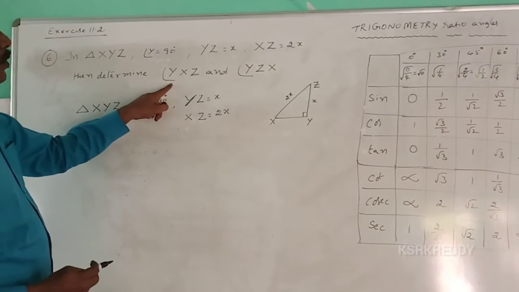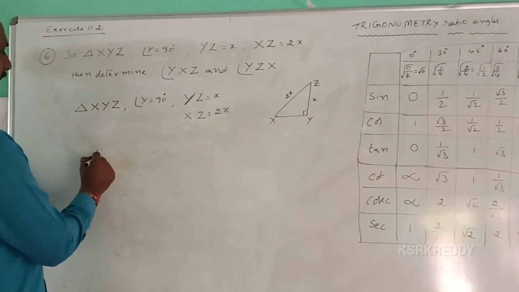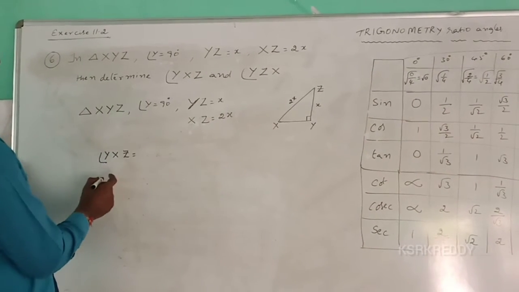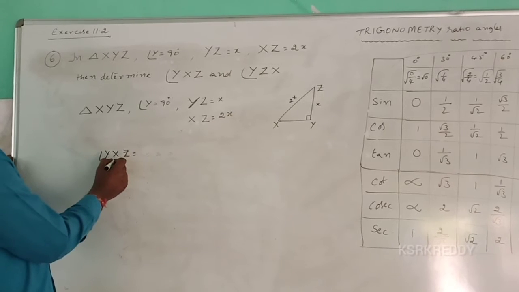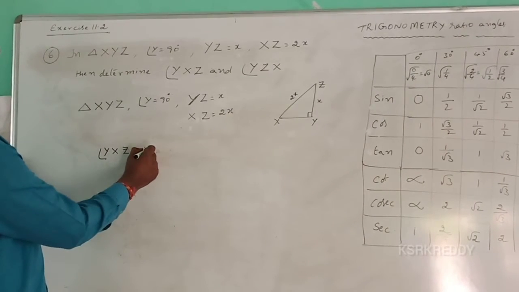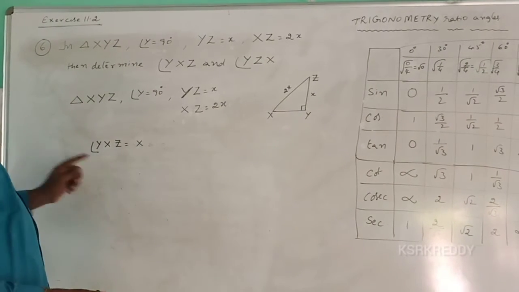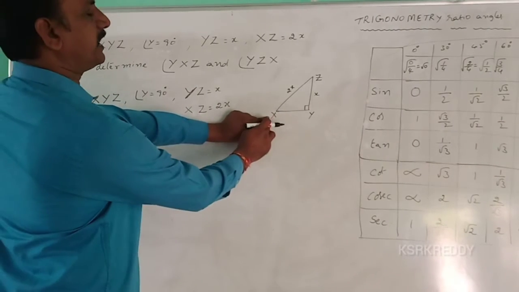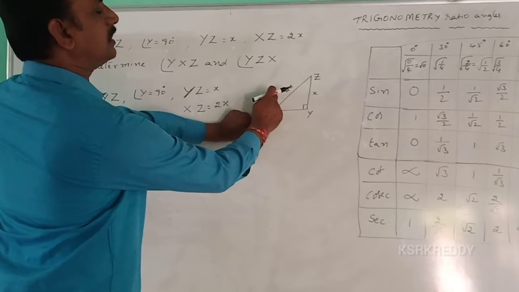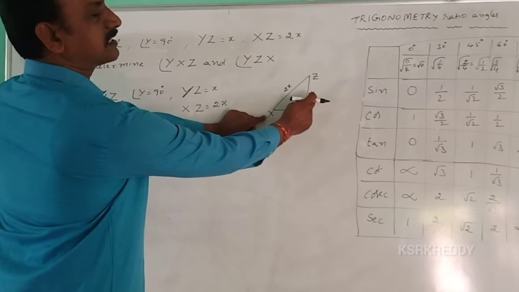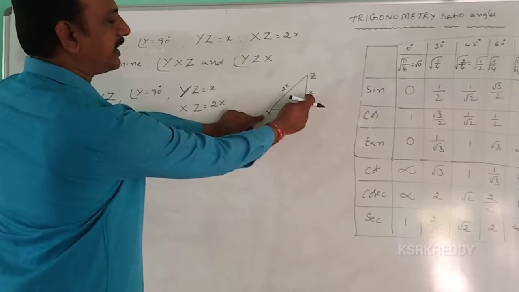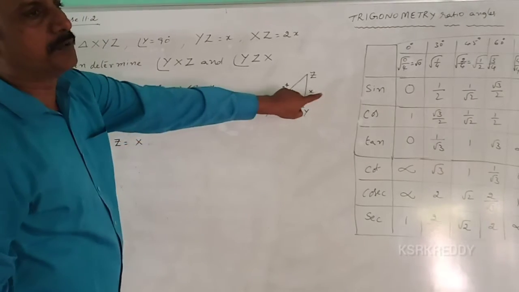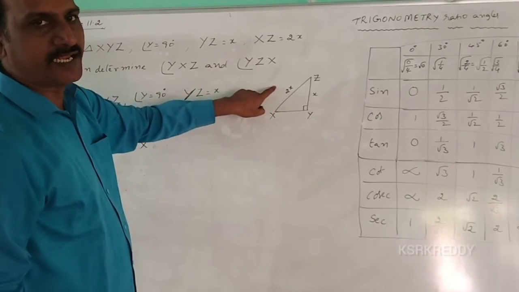Then find angle YXZ. YXZ means the middle element, that is X. So find X. Observe from x: what are the two given values? One is the opposite side and the other is the hypotenuse. Then what is the relation? Opposite and hypotenuse is sine.